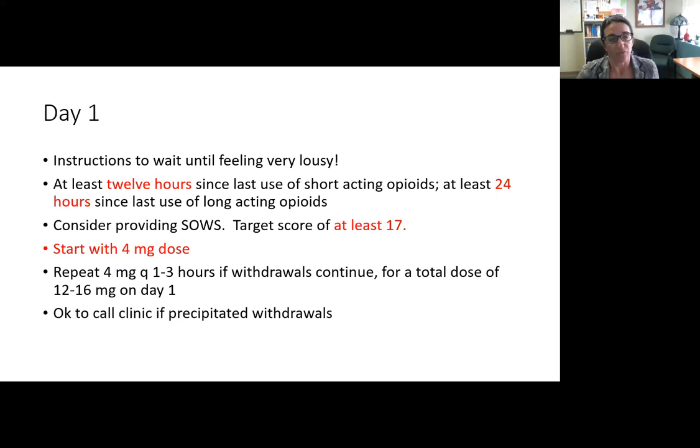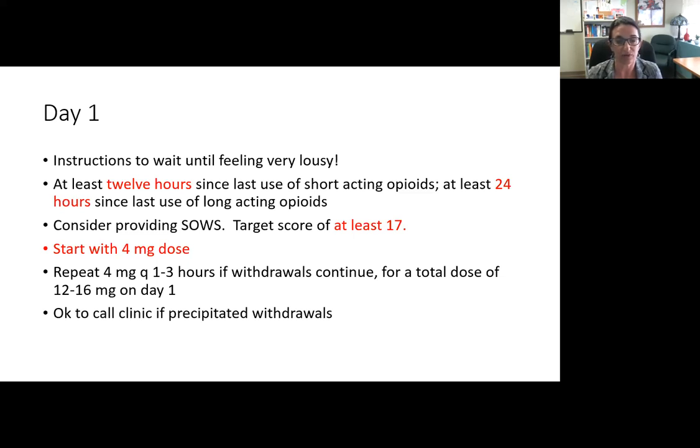So really what we instruct people to do is wait on day 1 until they're feeling really pretty bad, really bad withdrawal. If they can extend that even more, giving comfort medications to help get to enough withdrawal, we're trying to avoid precipitating withdrawal, which if you've taken the X-Waiver course or just heard about that, is basically because buprenorphine is what's called a partial agonist, meaning it has that ceiling effect at the same receptors as other opioids.